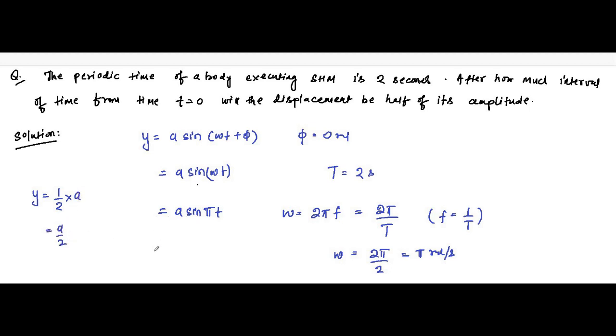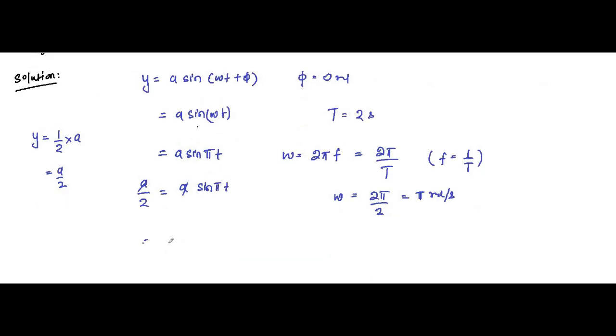So we'll equate both sides. In the LHS we'll write A by 2, and here we'll write A sine pi t. So A will get cancelled, that implies sine pi t is equal to 1 by 2.